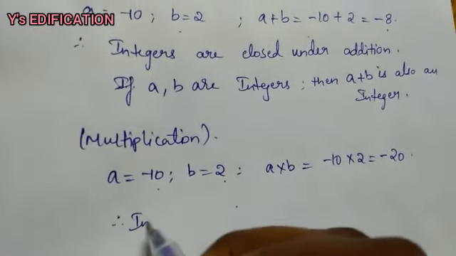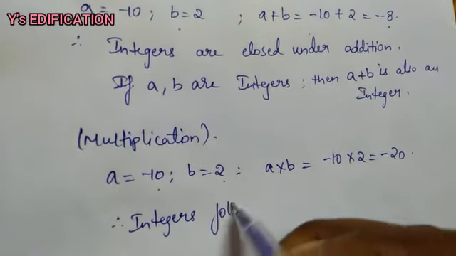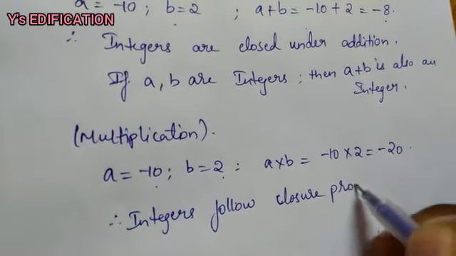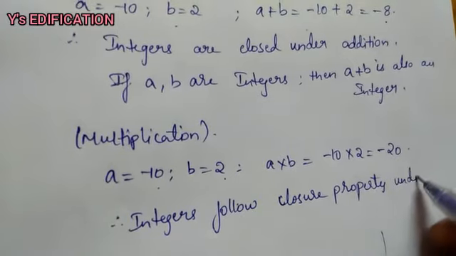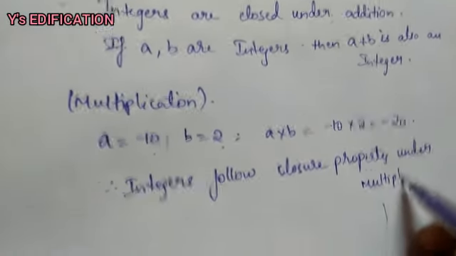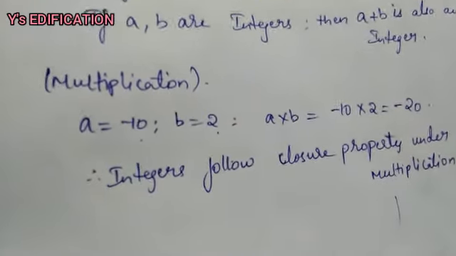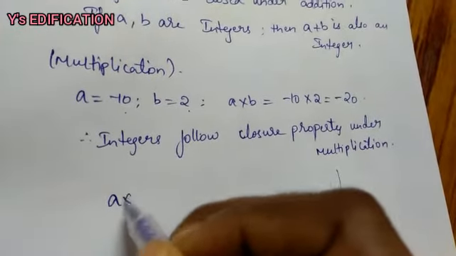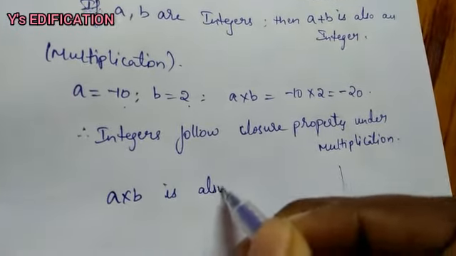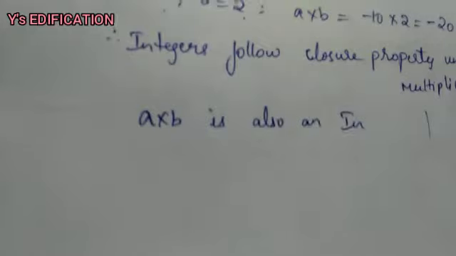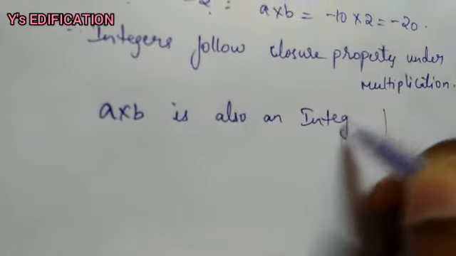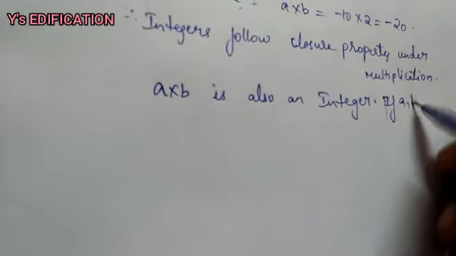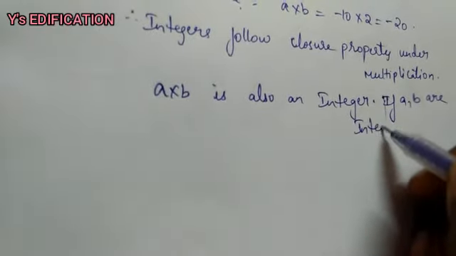So we can say that integers follow closure property under multiplication. So we can say that a into b is also an integer if a and b are two integers.